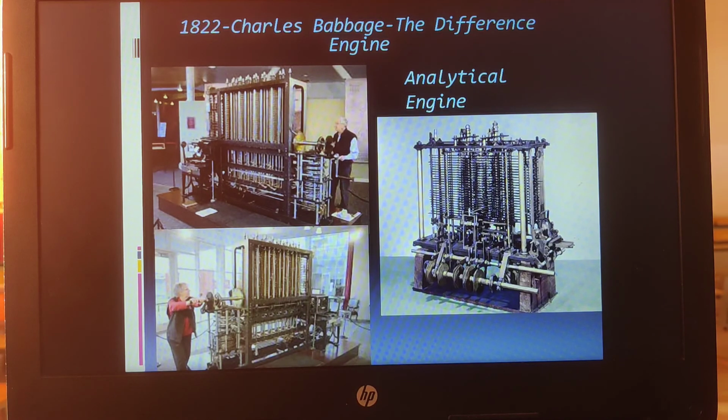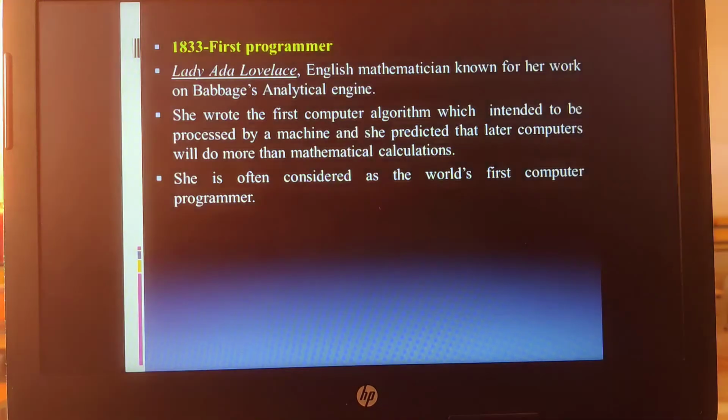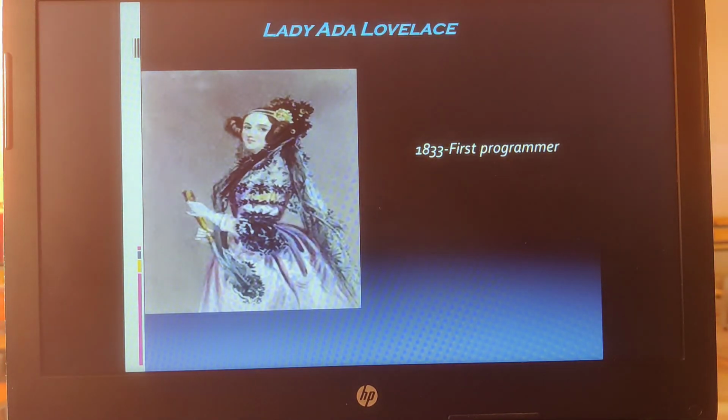Moving on to the next one, that is the first programmer, known as Lady Ada Lovelace. She is called the world's first programmer. She was a great mathematician, a mathematical genius. She was working with Charles Babbage on the analytical engine.